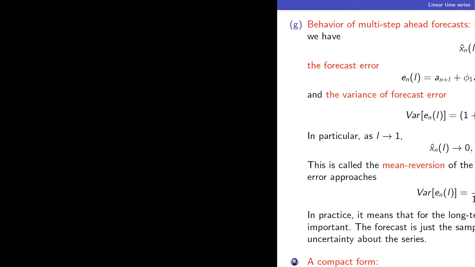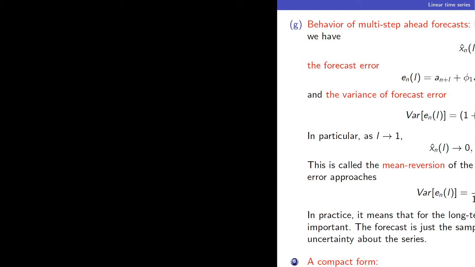This is even more important, because it says that if we're going for long-term forecast, serial dependence is not important. We can just not consider it. The forecast is just the sample mean, and the uncertainty is simply the uncertainty about the series.